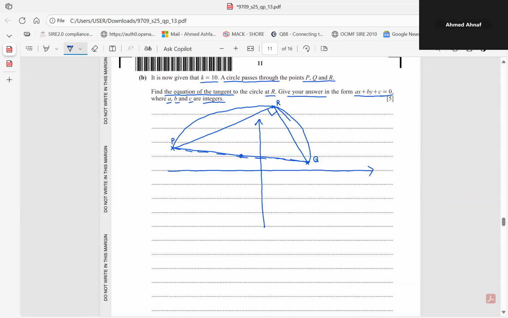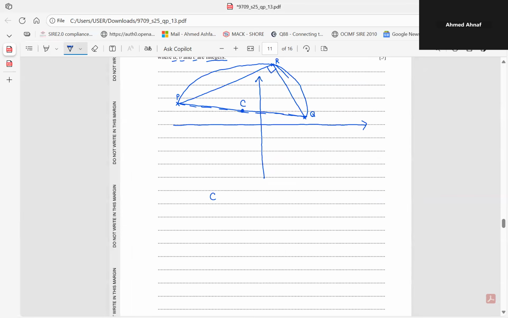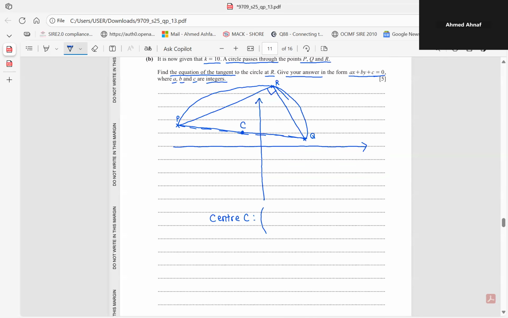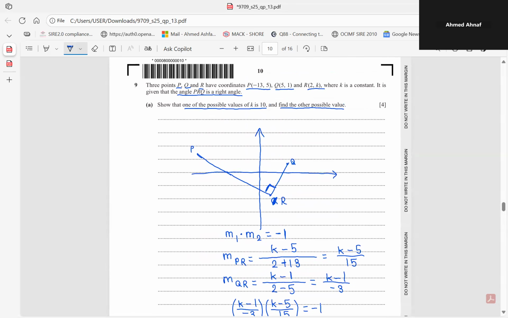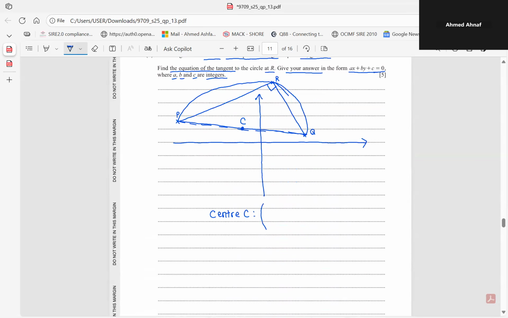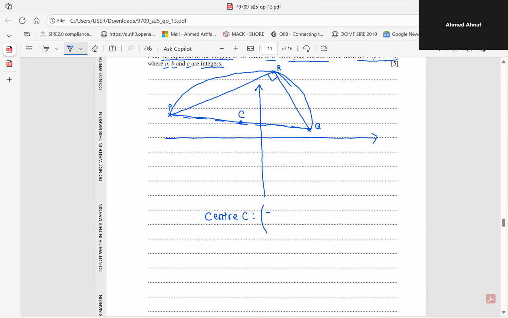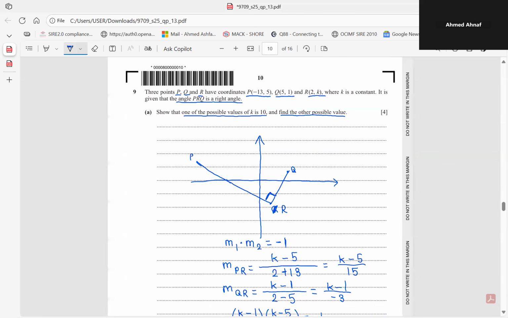Using this, we can find the center of the circle, C. So let's do that. Center C would just be the sum of the x coordinates of P and Q divided by 2. P's x coordinate is -13 and Q's is 5. So (-13 plus 5) divided by 2, comma, 5 plus 1.